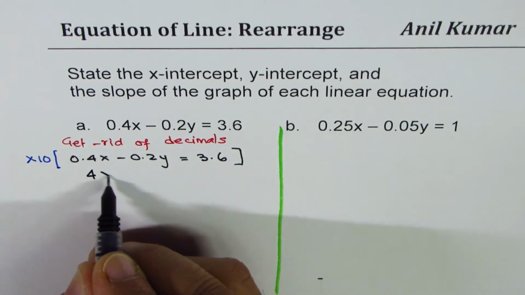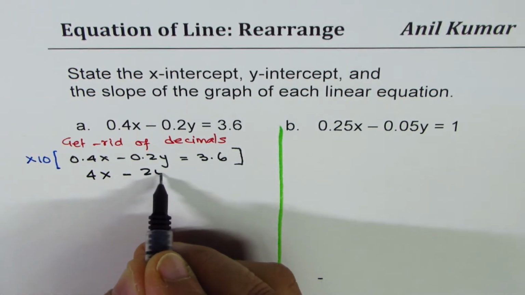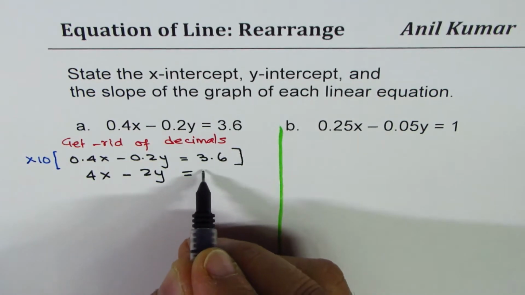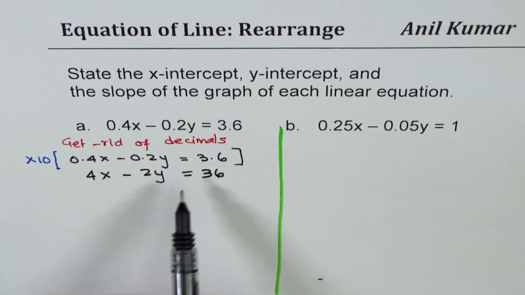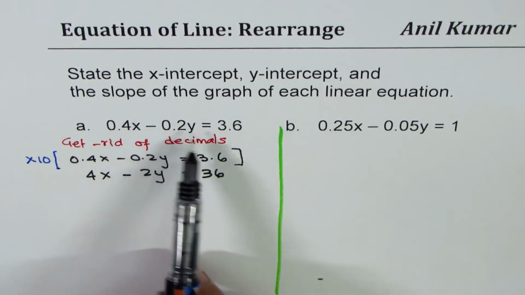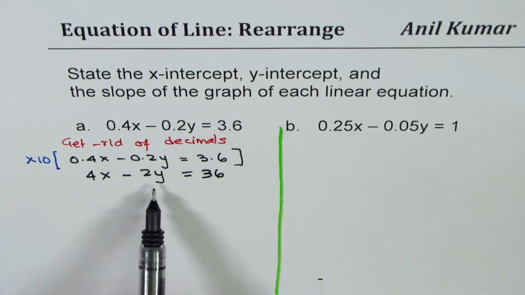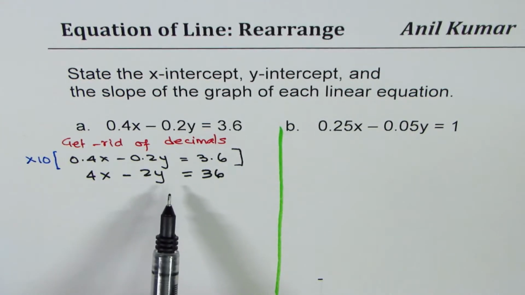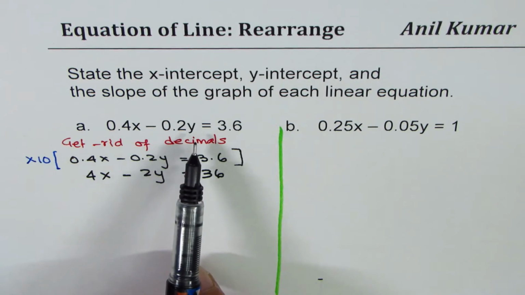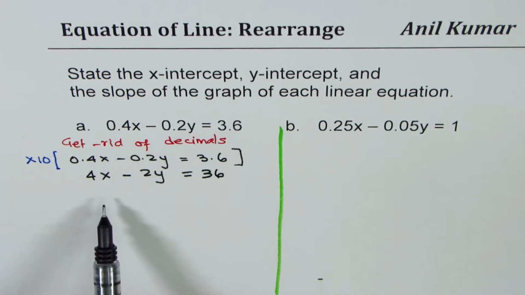So we get 4x minus 2y equals 36. Do you see that? Now once you do that, all of a sudden decimals are gone and you see a very familiar equation. So I suggest this is a nice way of working with equations when they are given in decimals, right?